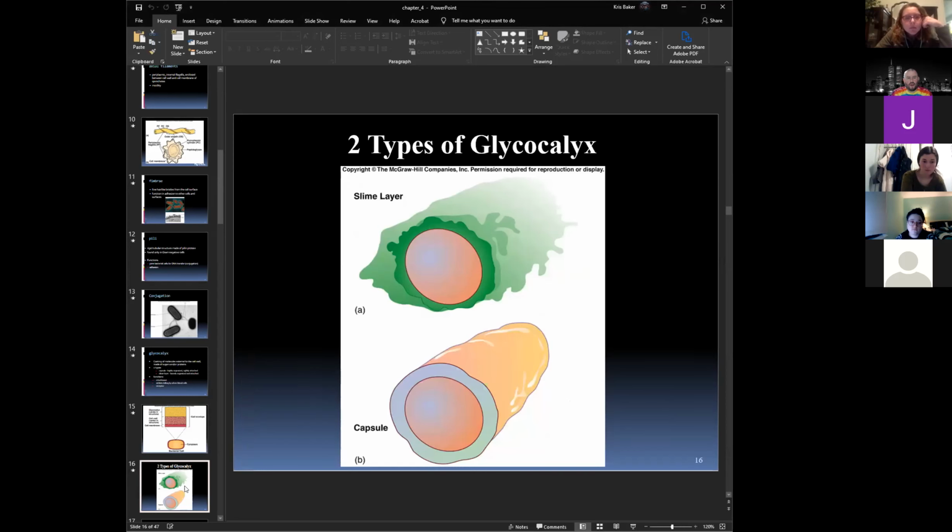In terms of organized versus loose and messy, the capsule is very tight and very organized. Artist rendition obviously will vary, but the slime layer really is sloppy. It's loosely associated, kind of goes off in all directions. It's also a lot less uniform than what you would see in a capsule.